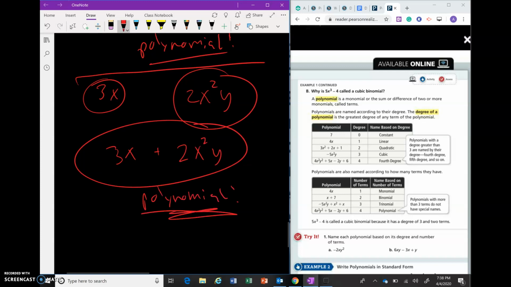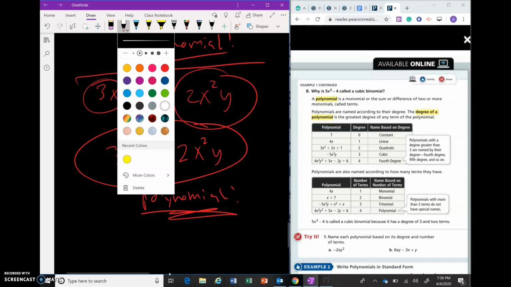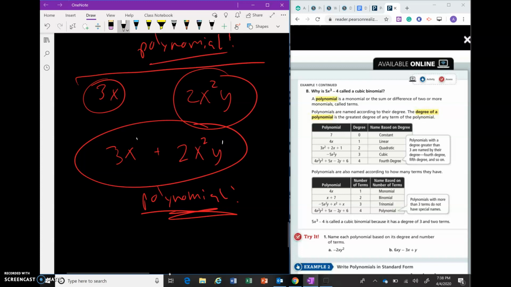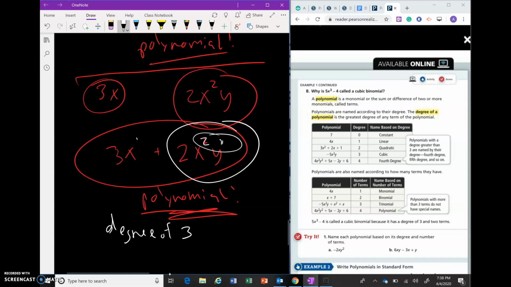For this one, we look at the highest degree: you have to add up the powers of the term, so the 2 plus the 1 gives you a 3, so it has a degree of 3.